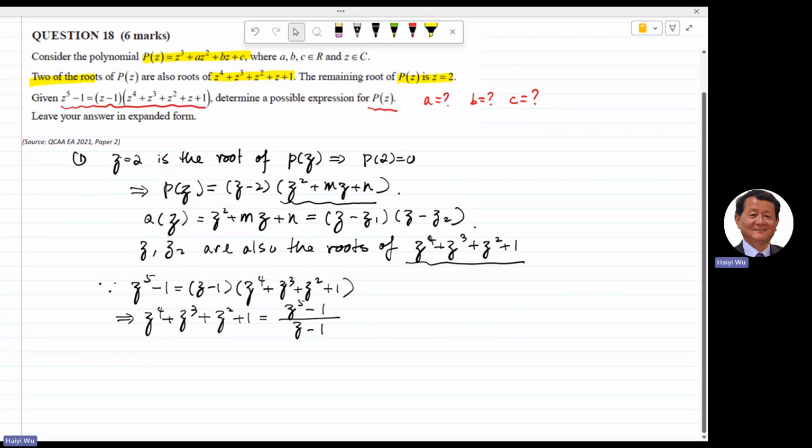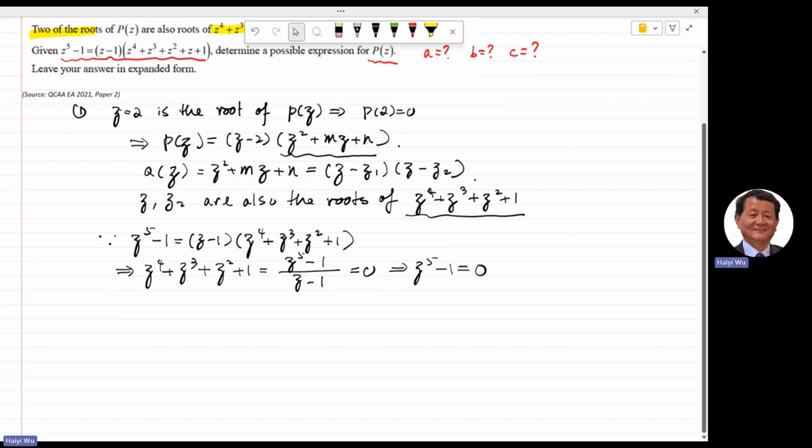We're going to solve for this. If we let it equal 0, then z to the power 5 minus 1 equals 0, so z to the power 5 equals 1.